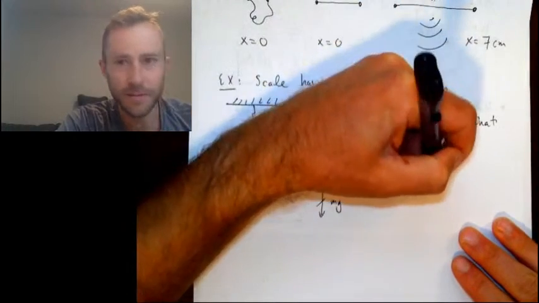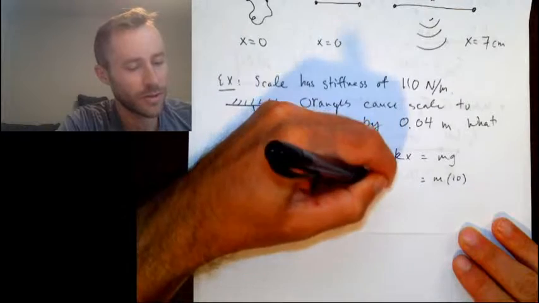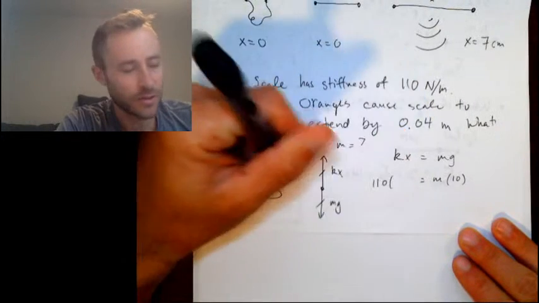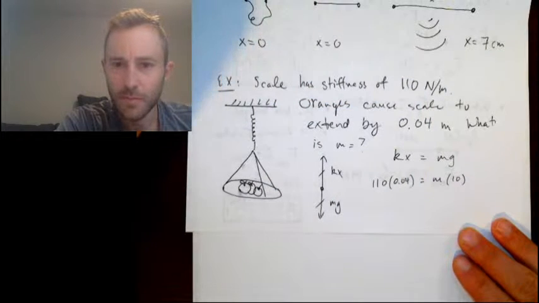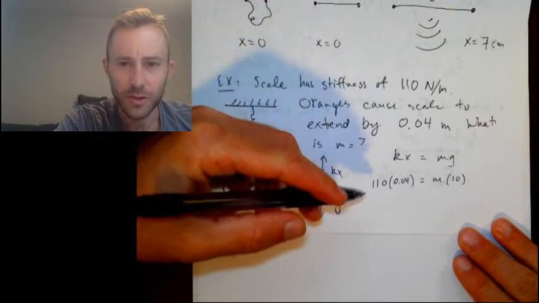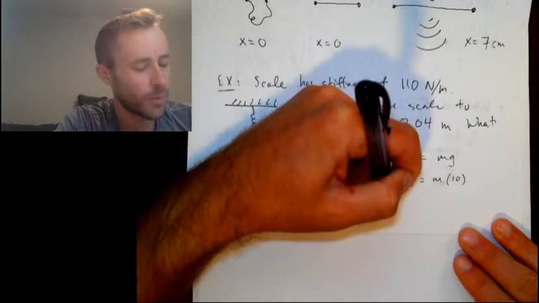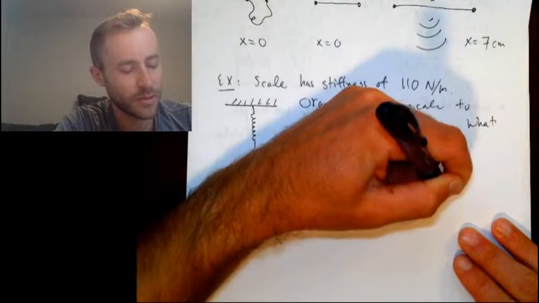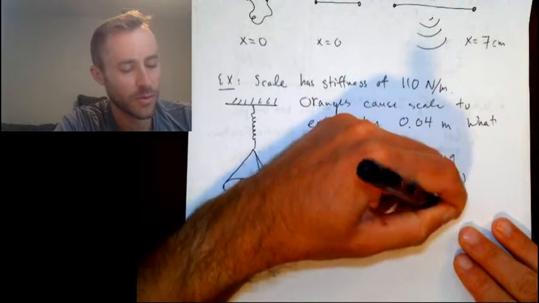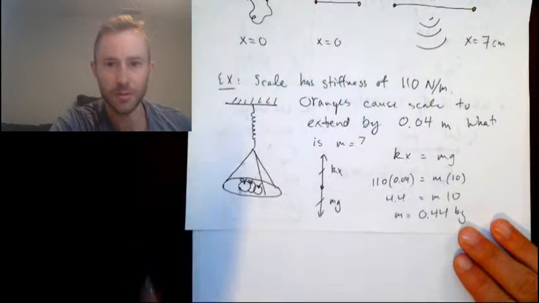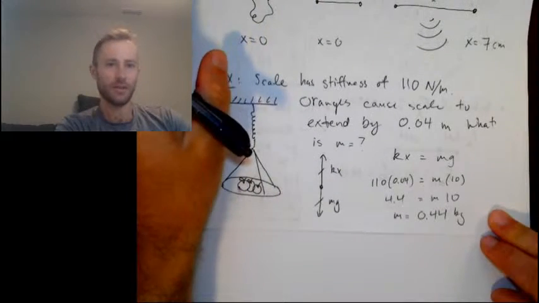Gravity is 10. The stiffness is 110. The x is 0.04. So that says 4.4 equals m times 10, which says that m equals 0.44 kilograms. So we determine the mass of the oranges by seeing how much the spring extended.